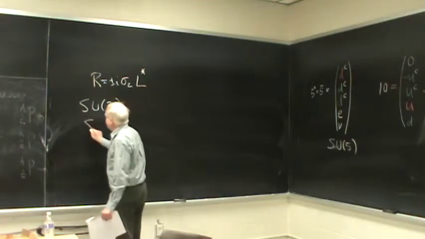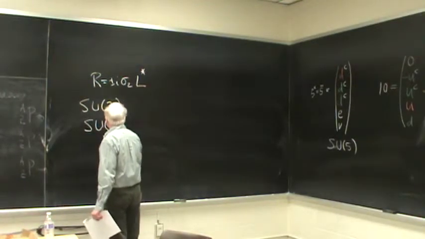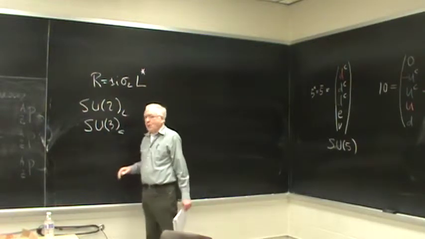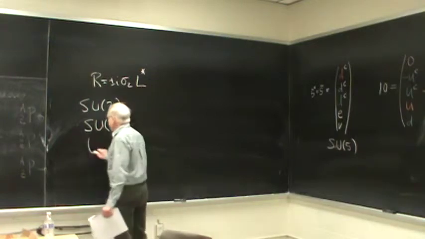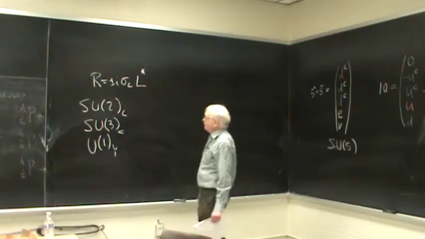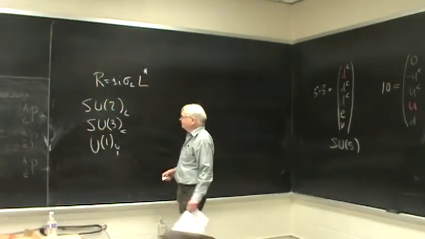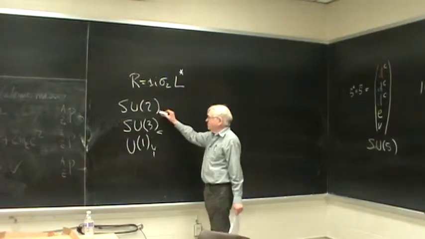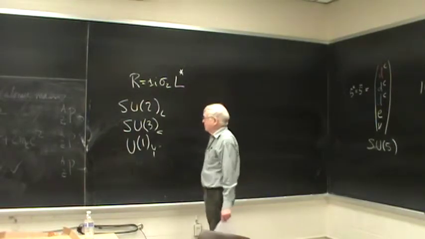Then you have SU3 of color, and this acts on all the quarks but none of the leptons. And then you have the U1 of hypercharge, which more or less acts on everything. And so the idea was to embed all these three into one simple group.